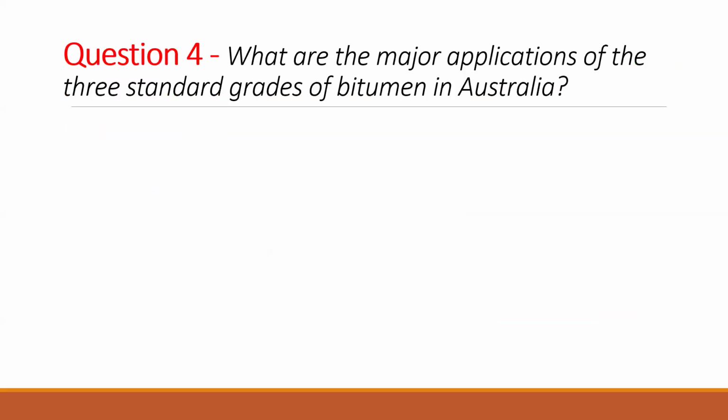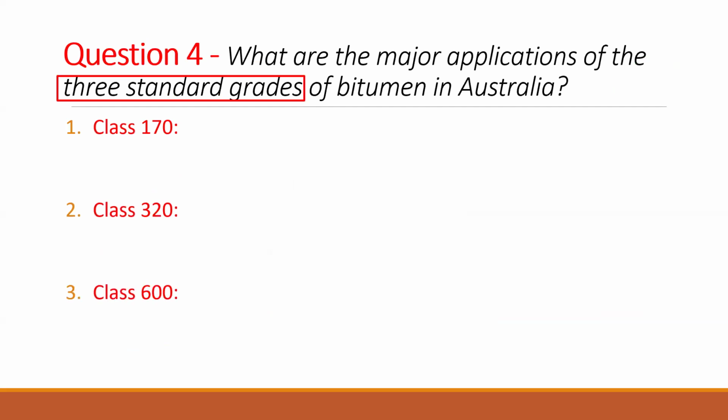What does that number mean? 170, 320, and 600. It is viscosity, isn't it? This is the viscosity at 60 degrees Celsius.